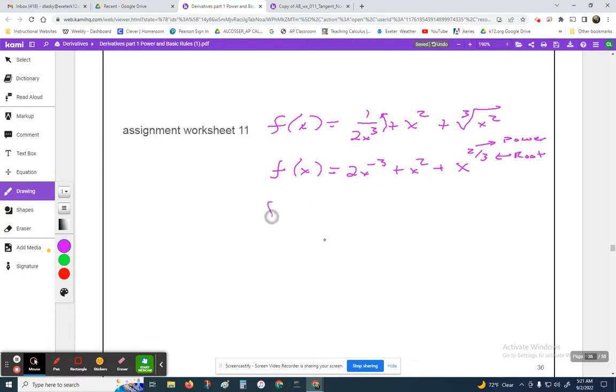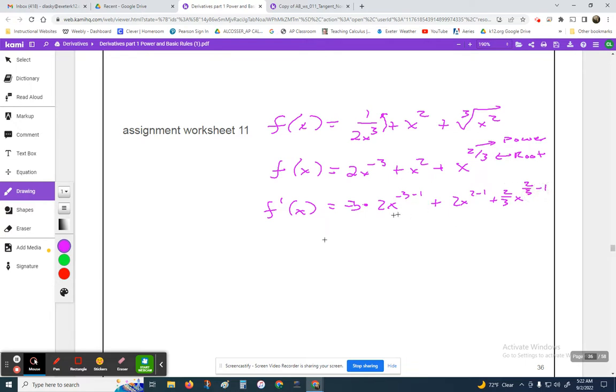And then when I do f prime, I can actually mess around with it. I'm going to get -3 times 2 x to the -3 minus 1, plus 2x to the 2 minus 1, plus 2/3 x to the 2/3 minus 1.